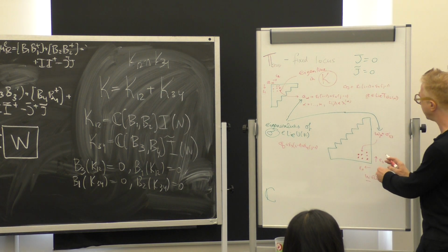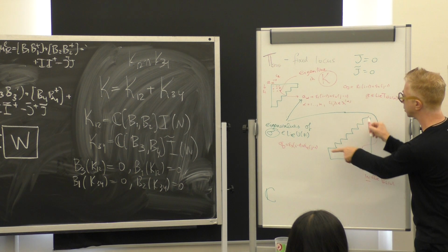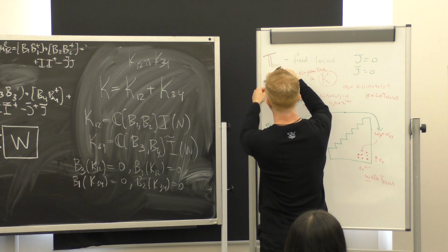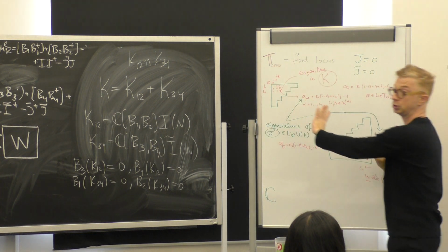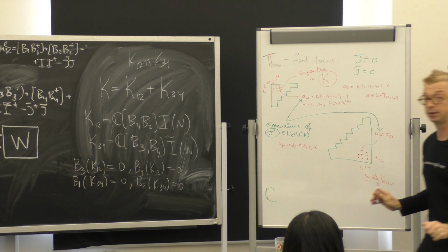The operators B3 and B4 start somewhere here. They act in this direction. Operators B1 and B2 start here, act in these directions, and they don't talk to each other. So the spaces K1,2 and K3,4 simply do not intersect.